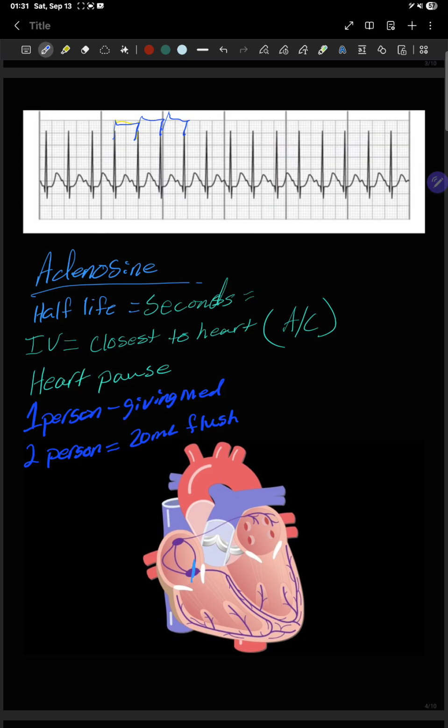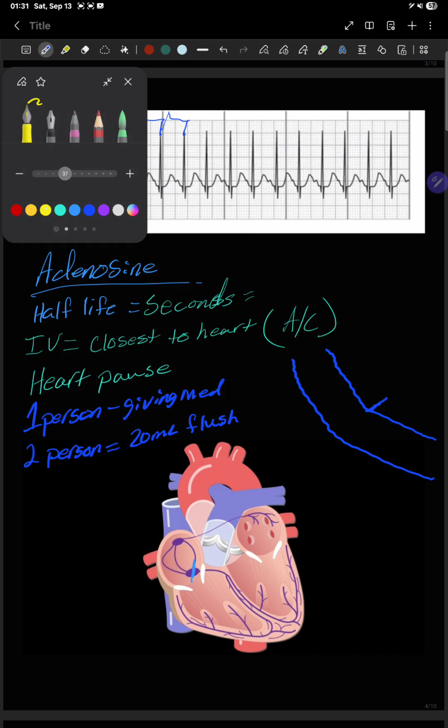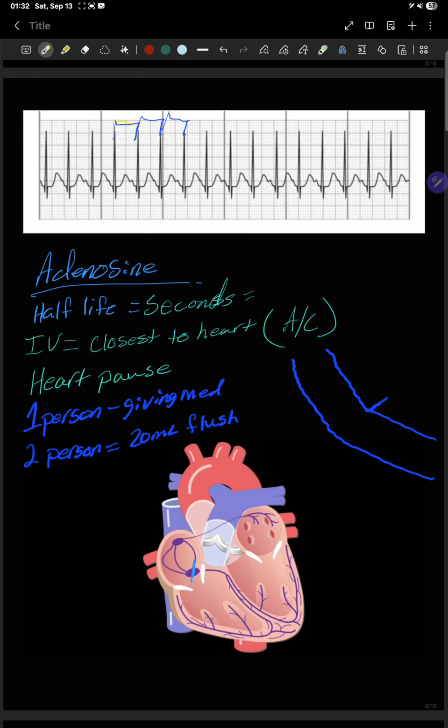So what happens is that if we have the patient's arm, okay, and I have my IV here, I am going to be giving my adenosine. Now, another person who may be on the IV bag is going to be a little bit higher than me, and they're going to be giving the flush.